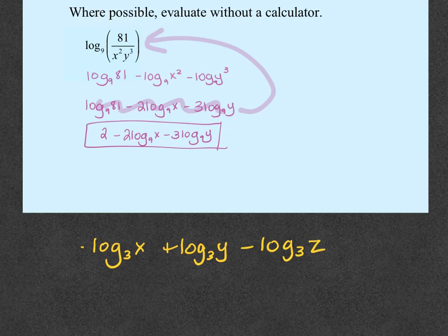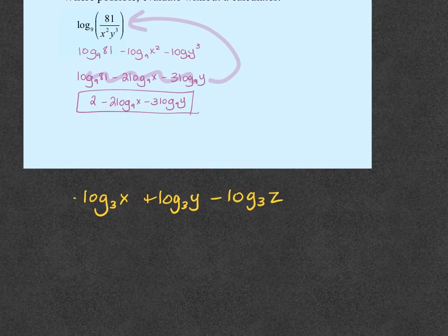What of that is going in my numerator? Just the y. What is going in my denominator? The x and the z. So if I rewrote this, it would be log base 3 of y over xz. Everything that's negative goes in the denominator. Everything that's positive goes in the numerator. Because you could rewrite this in any order, it shouldn't impact your condensing. So be really careful with the signs.